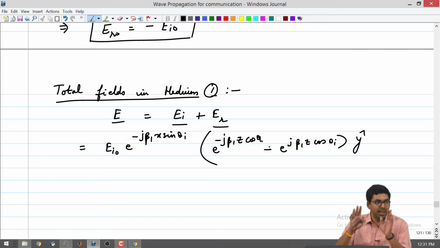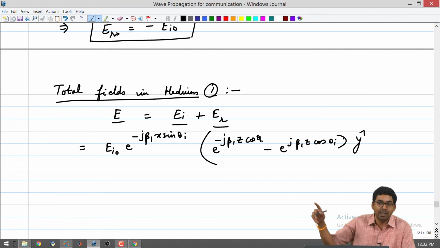All I have done is take the expressions, add them up together, and group the z terms together because I want to perform some trigonometric operations with them. I can use Euler's formula to say that the difference between the exponentials will give me a sinusoid. It will be 2j something, but because it is e to the minus j beta 1 z cos theta I minus e to the plus j beta 1 z cos theta I, it will be minus 2j sine.